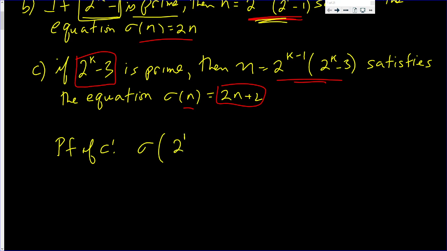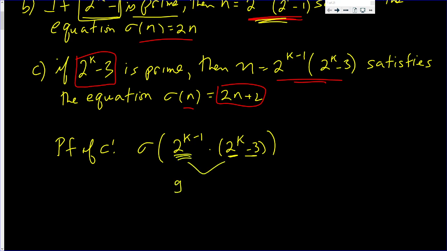Sigma of 2 to the k minus 1 times 2 to the k minus 3. That's even. You take away 3, it's odd. No odd number has a divisor of 2, but this does.